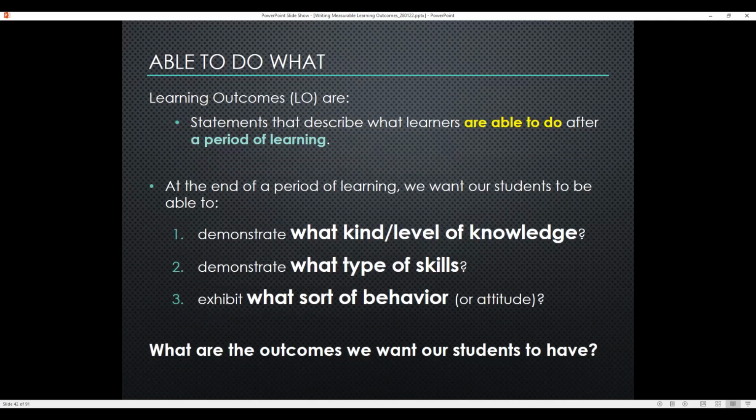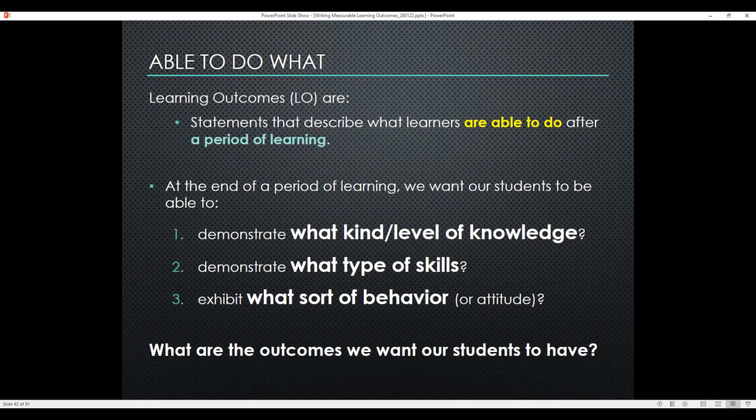Okay, right. So I think I showed you this earlier also, if you all remember. Whenever we write learning outcomes, we think about what level of knowledge we want students to have. Or we want to see what type of skills, right? Or what sort of behavior. What domain of learning is this one, the first one? Cognitive. Cognitive, very good. Okay, second one, what domain of learning is it?